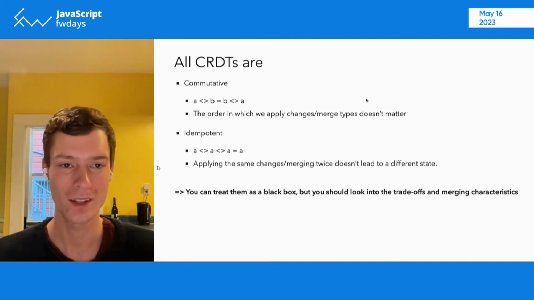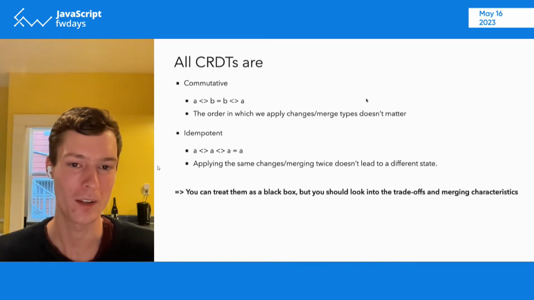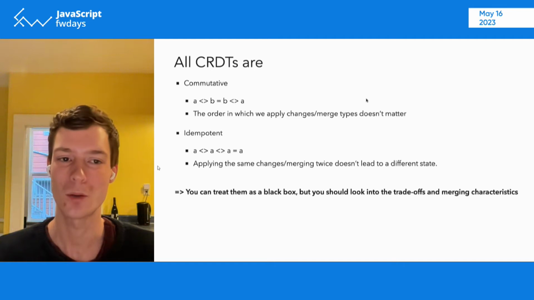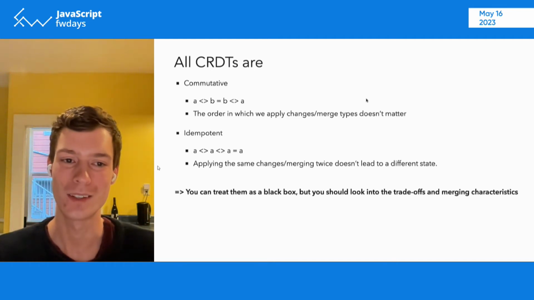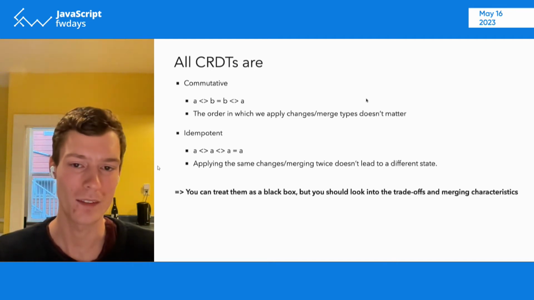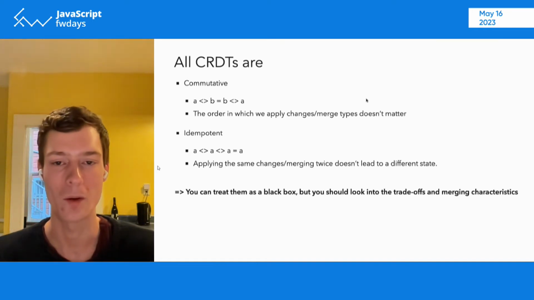The order in which you apply changes doesn't matter, so you don't have to have a central server that keeps track of client A applying changes before client B. And they're idempotent. What do I mean by that? Applying the same changes twice doesn't matter, which is what gives you those superpowers of not having to keep track of changes in a central server.